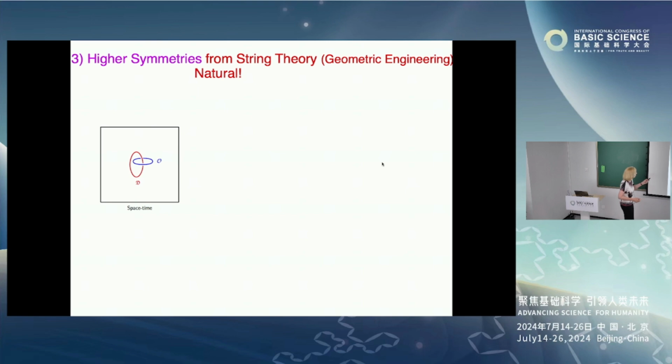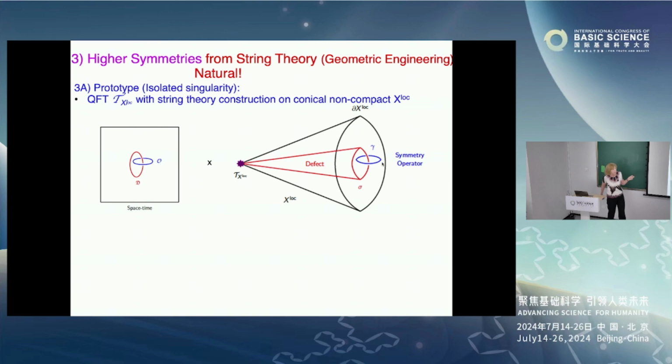So we are talking about the resulting quantum field theory with defects and symmetry operators, and the way we obtain this field theory is by compactifying string theory on a non-compact space, typically a non-compact Calabi-Yau space, okay? And this is an example where we compactify it on a conical non-compact space. So this is what we would call a prototype example of isolated singularities.